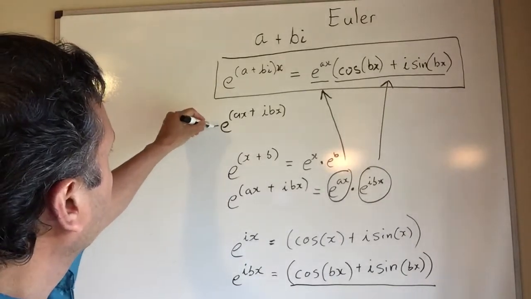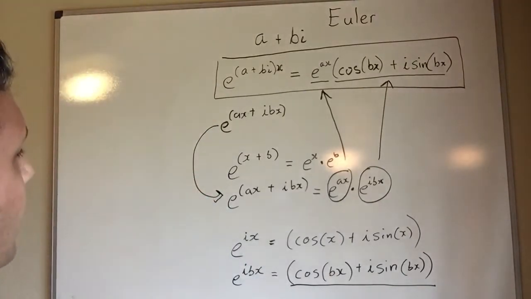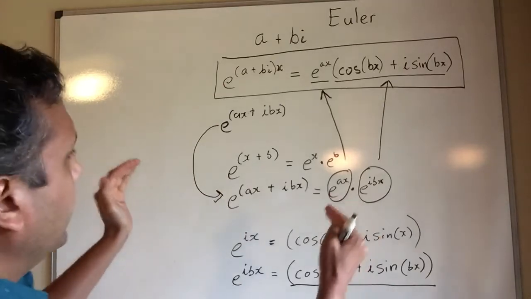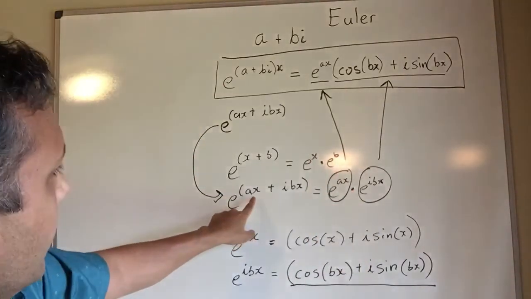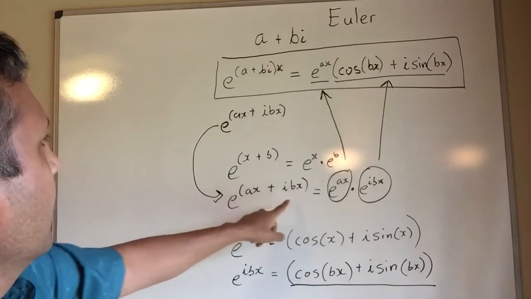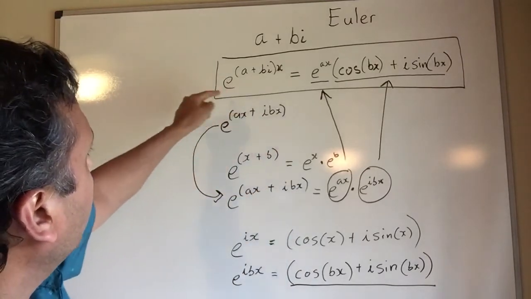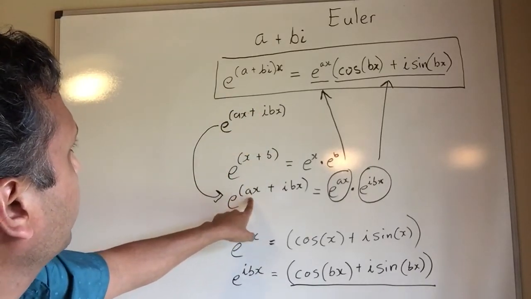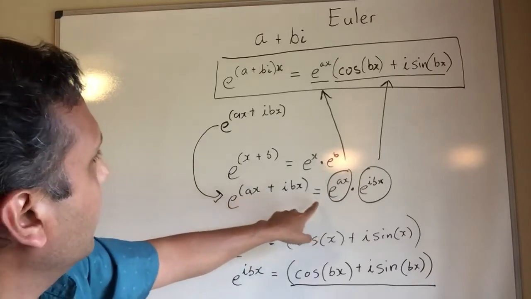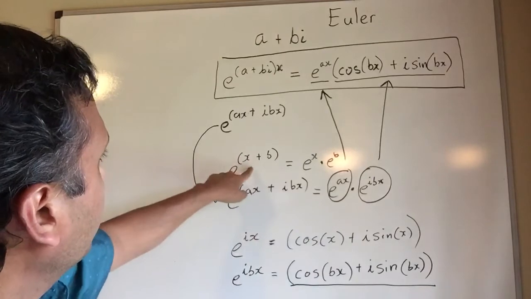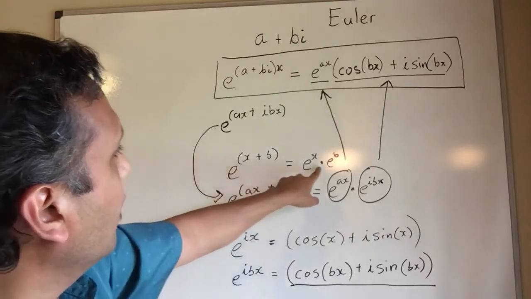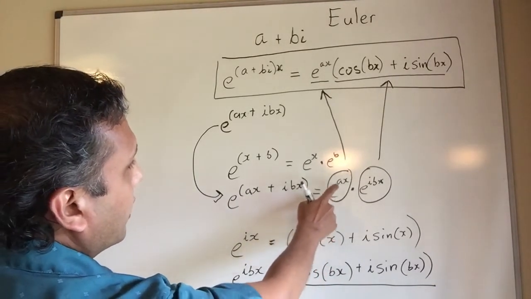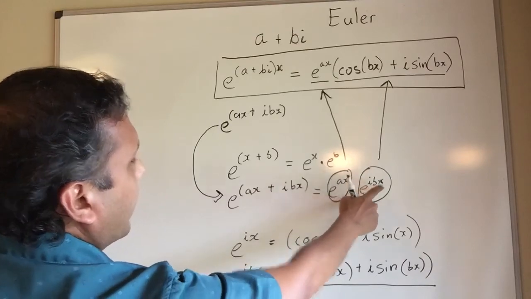So I had a result of e to inside parentheses e to the power of ax plus ibx. Once I distributed the x to each of the terms, this was the result. And using this rule of exponents, I then got a result of e to the ax multiplied by e to the ibx.